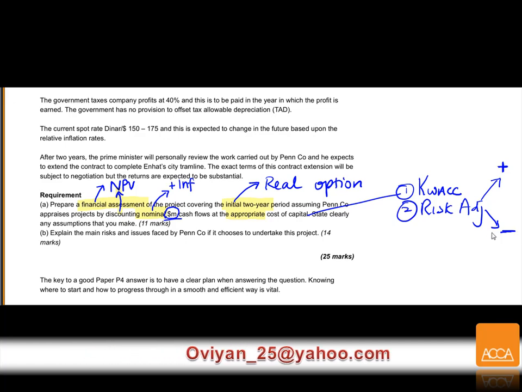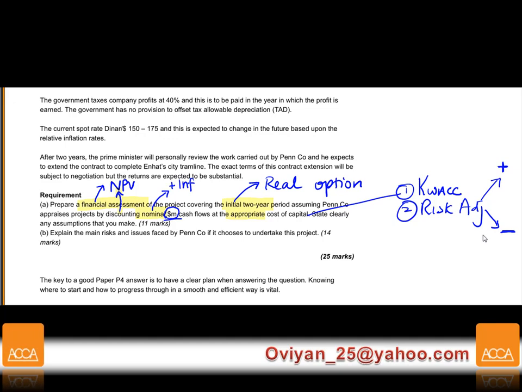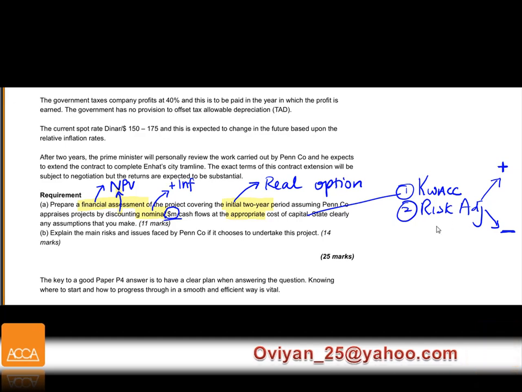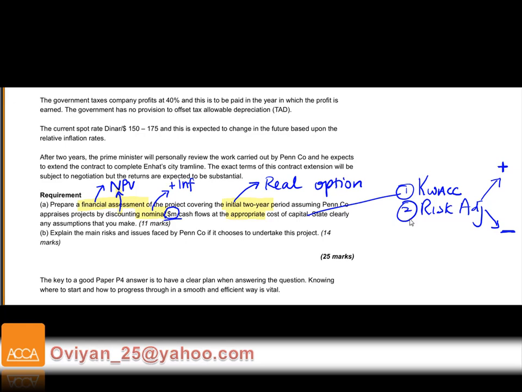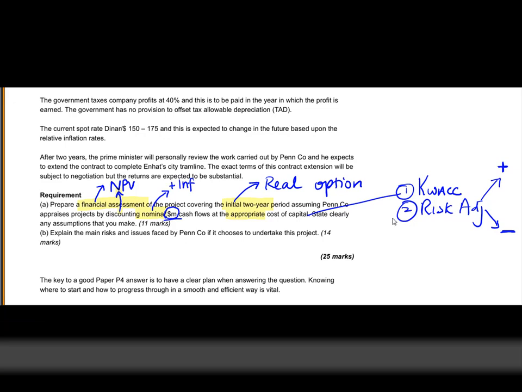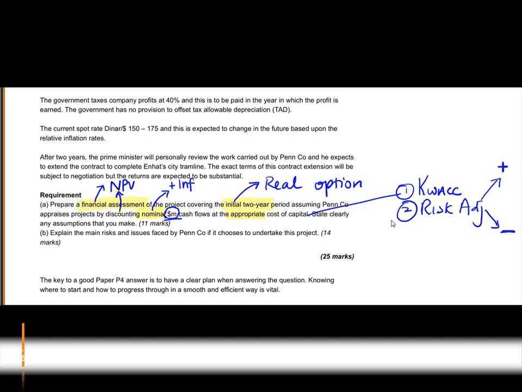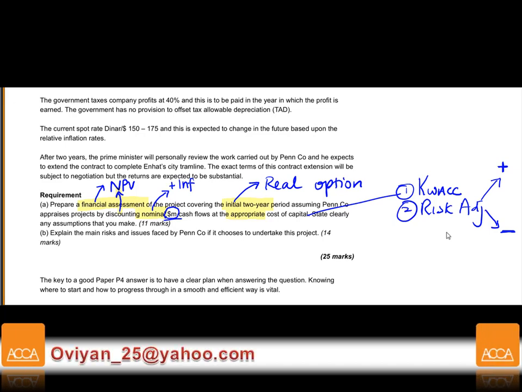And sometimes it's treated as a diversification. If you're going to diversify, the examiner might say that your risk adjusted WACC may go down by a certain percent, or probably they'll give you a similar proxy company operating in that country where you have to do some adjustment of risk betas.